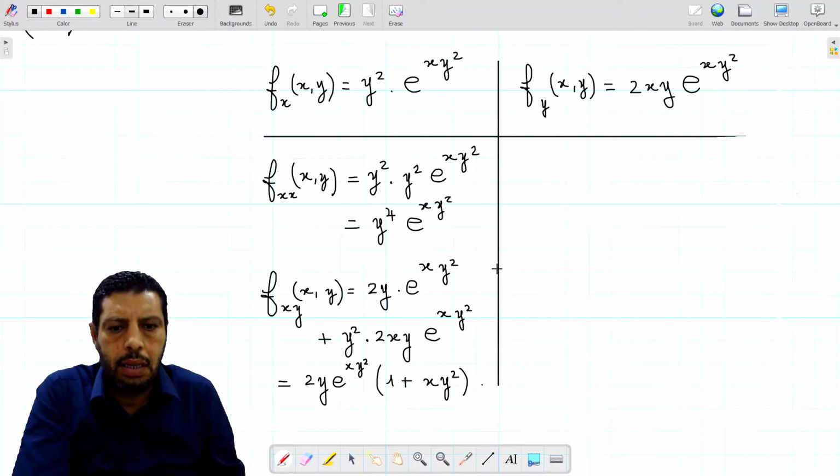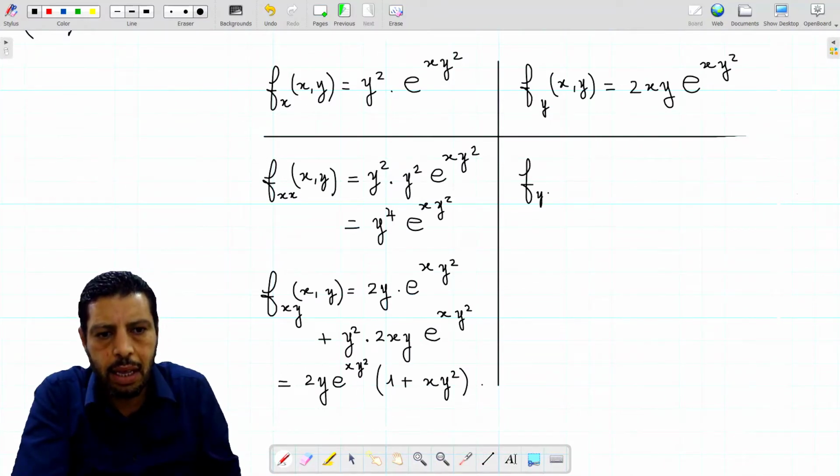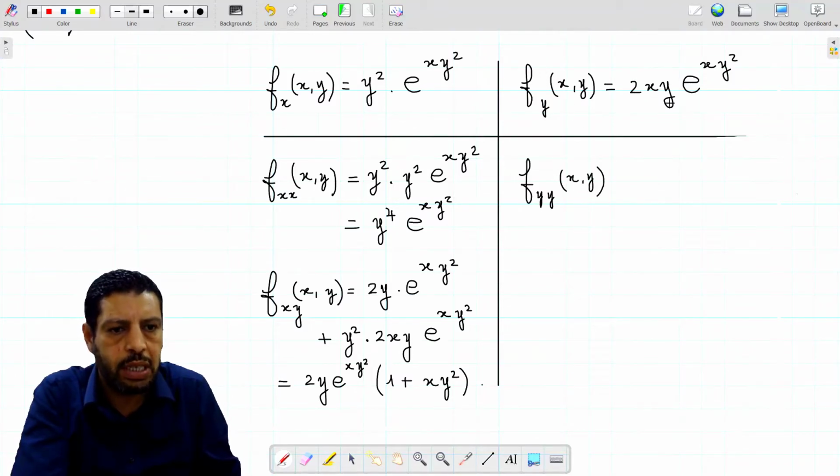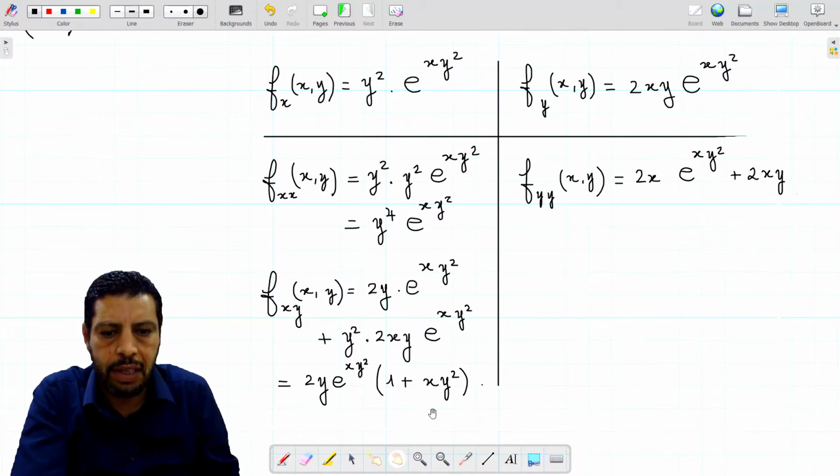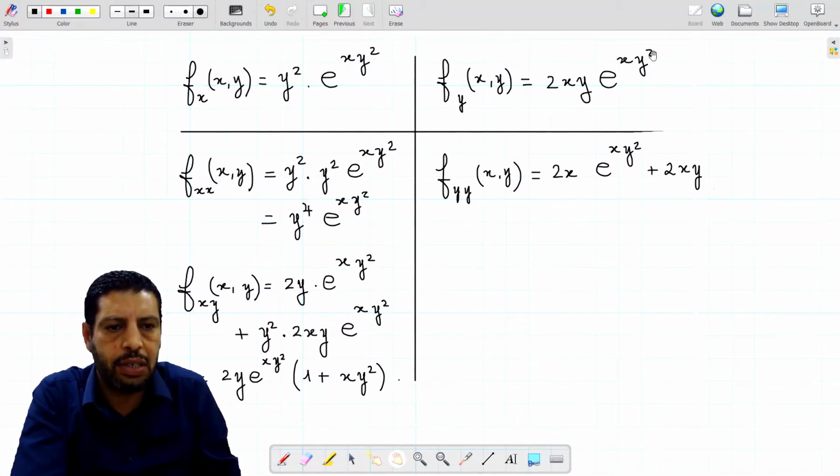Okay? Now let's move to the other side. So we're going to compute fyy, which is the partial derivative with respect to y of fy, which is here. So it's a product of two functions of y. The first derivative gives 2x times exponential xy squared plus 2xy times the derivative of exponential xy squared with respect to y, which is 2xy exponential xy squared.